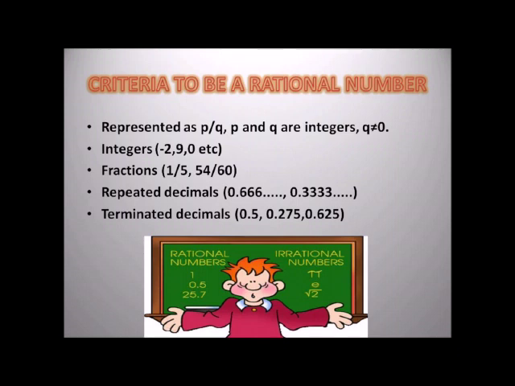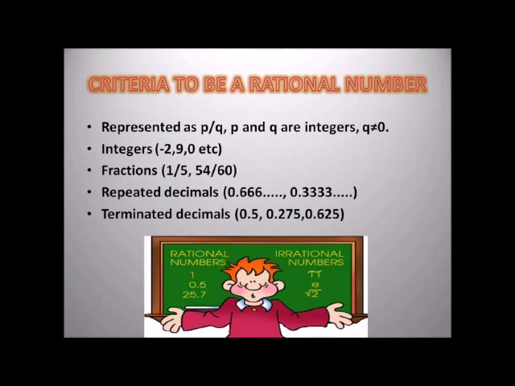Second, any integer like minus 33, 0, 8, etc., all these are rational numbers. Next, all fractions are rational numbers, like 1 by 5, 54 by 60, etc.